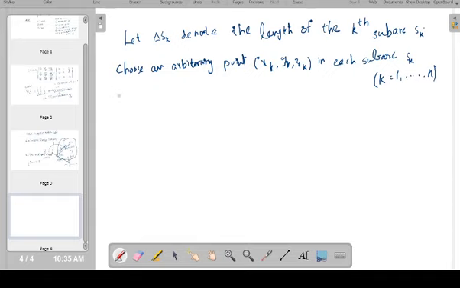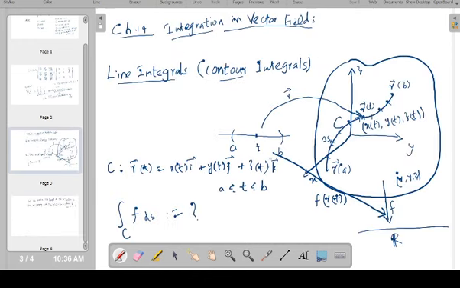Before that, we want to form a Riemann sum. So evaluate f at the point xk comma yk comma zk. This is the point xk comma yk comma zk in the kth subarc.